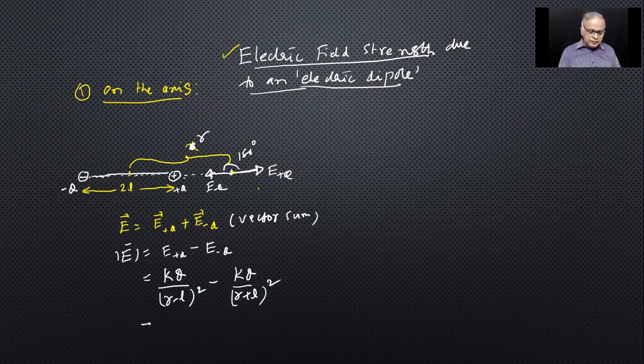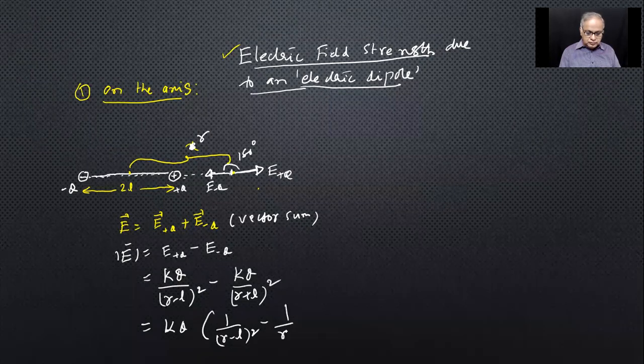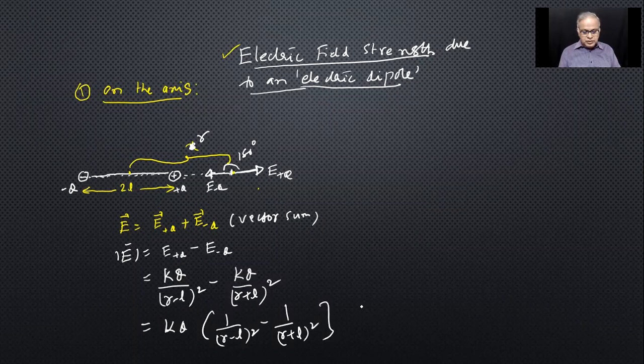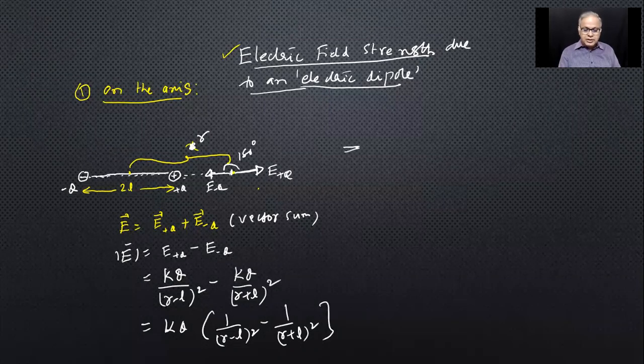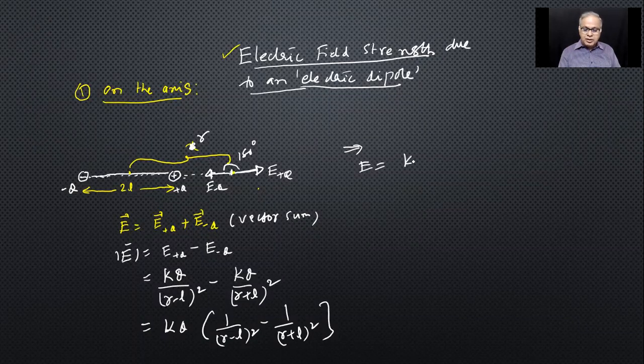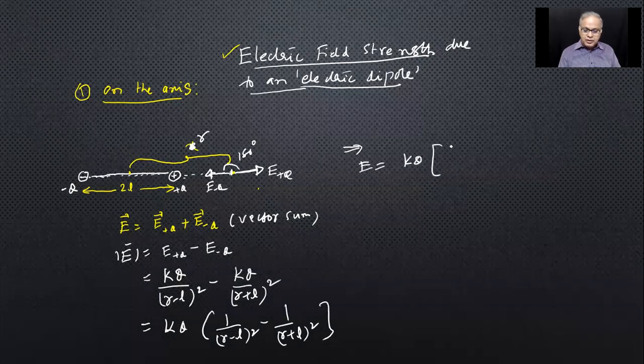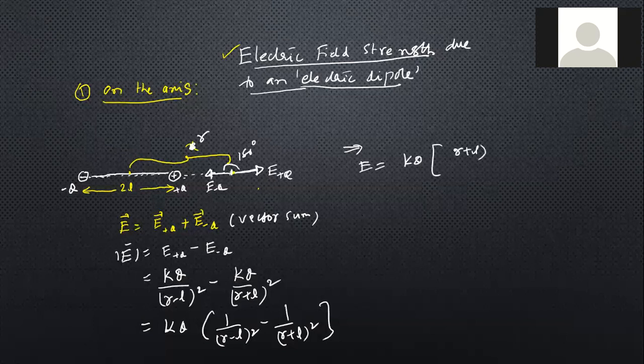So this will be kq into 1 by (R minus L) whole square minus 1 by (R plus L) whole square.